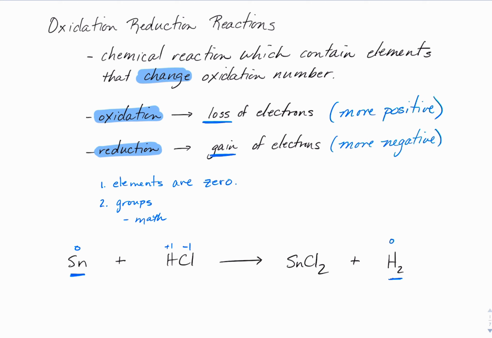If we move over to tin chloride, keep in mind that transition metals are another exception to using group number to determine oxidation number. Transition metals take the value that will give the compound in question a 0 total oxidation number charge.